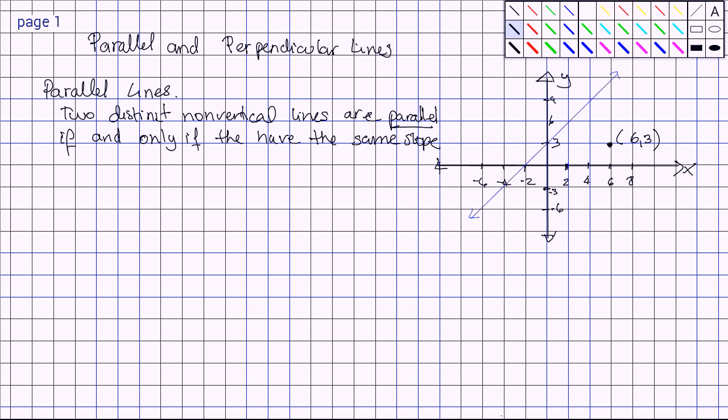So it is very important that when you are asked to find a line that is parallel to another line, their slope must be the same. If their slope is not the same, then those two lines are not parallel.